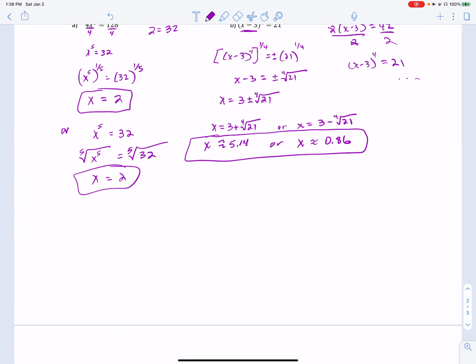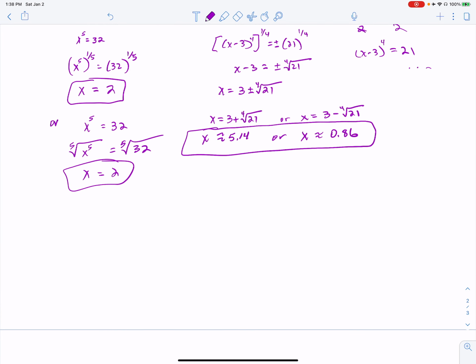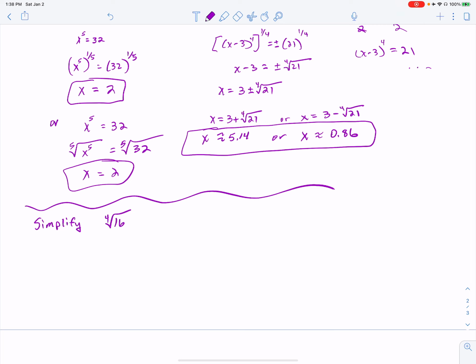Okay. Now I want to go back to this other thing about even roots. If the directions say simplify the 4th root of 16, your answer is only 2.